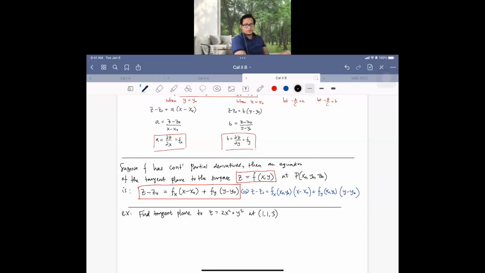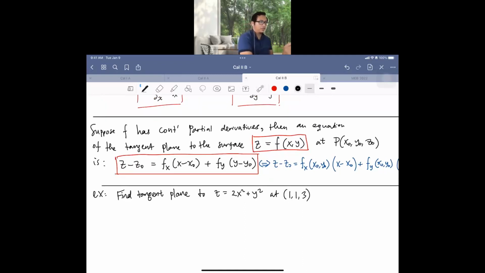So in this example, this is a paraboloid. It's a parabola for xz and yz is a parabola, and it also has an ellipse at the end. It's capped off with an ellipse, so it's an elliptic paraboloid.